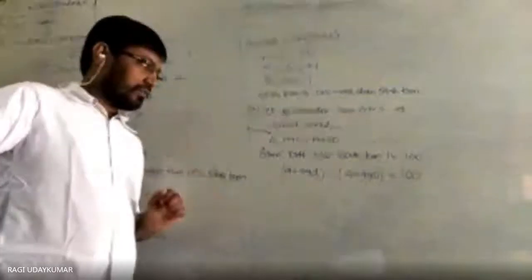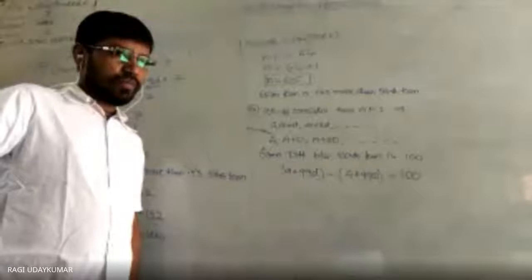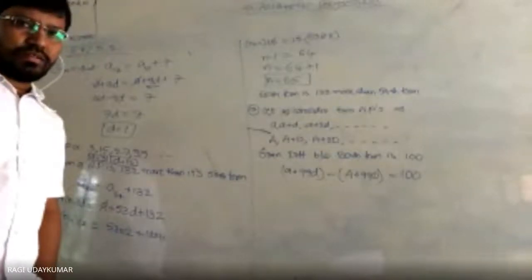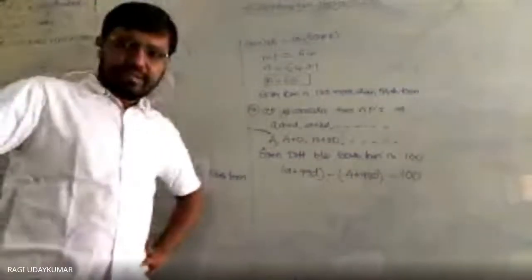Sir, can we not write small a100 minus capital A100 is equal to 100? Small a100 minus capital A100 is equal to 100. I'm not getting your point correctly.